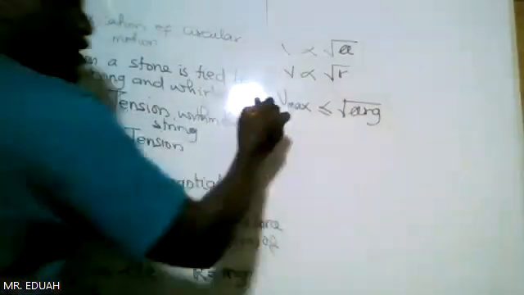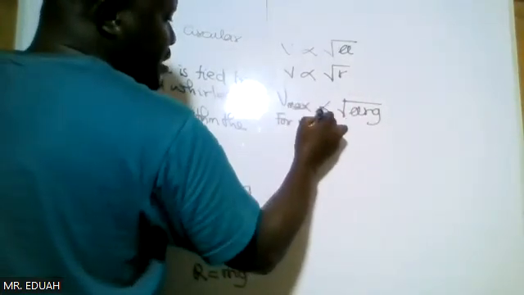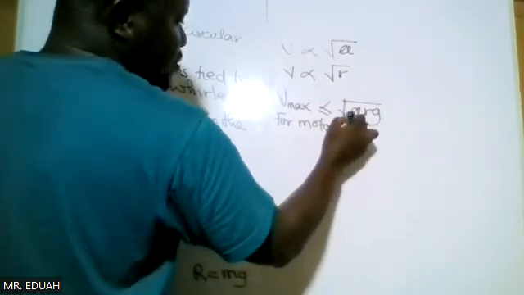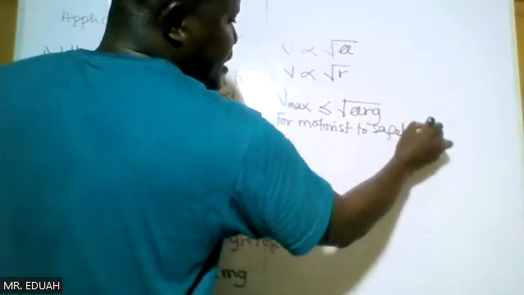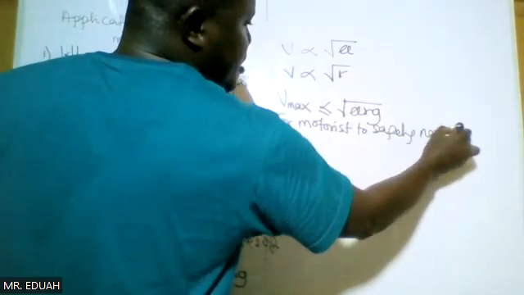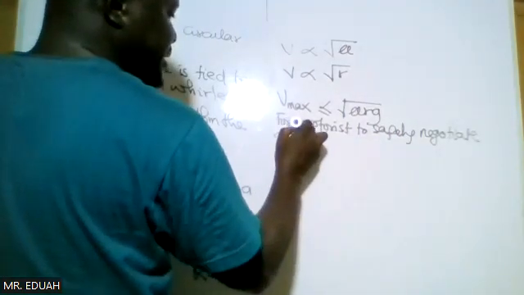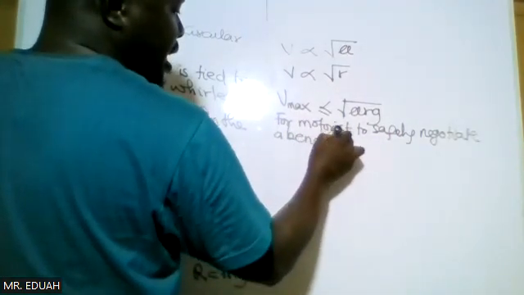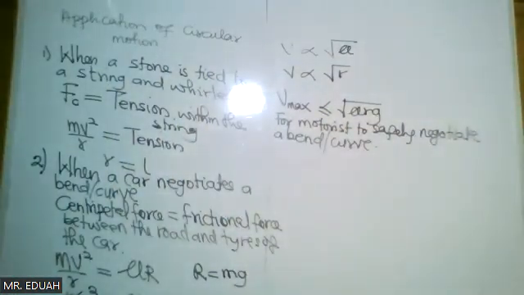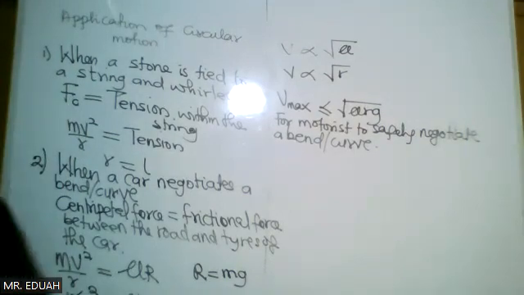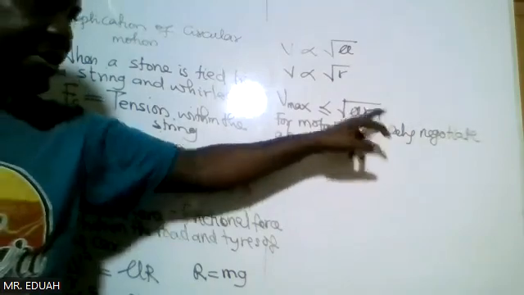This is for motorists or drivers to safely negotiate a bend or curve. For motorists to safely negotiate a bend, the value of V must be less or equal to the square root of mu rg.